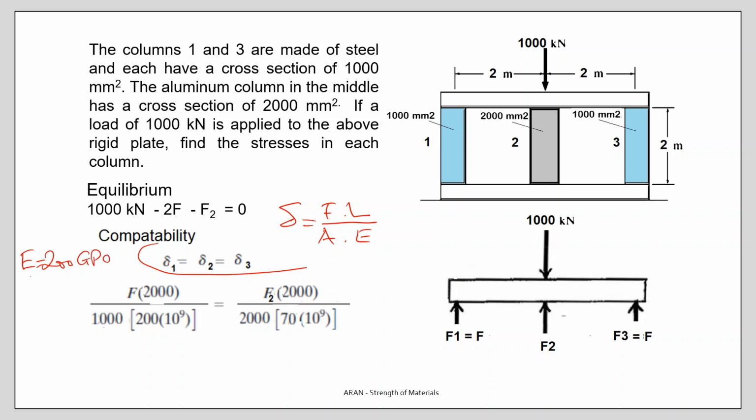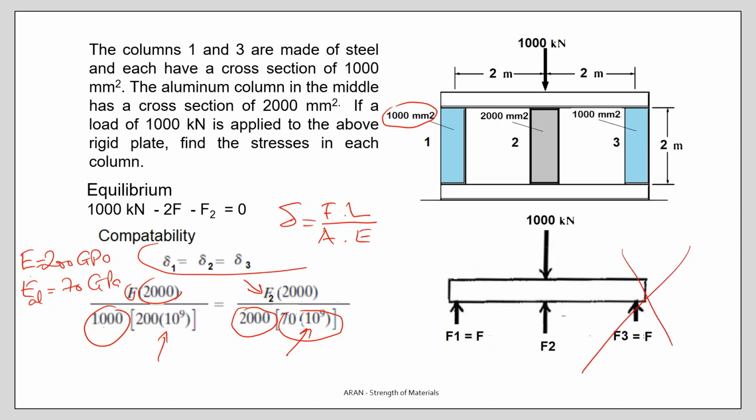For aluminum, it's approximately 70 gigapascals. The force and length are the same, the cross-section changes. Steel has a cross-section of 1000, and that's the elastic modulus of the steel. This is the cross-section of the aluminum column, and that is the modulus of elasticity for aluminum, and that is the force in the middle column. I do not have to write the third one because the first and the third column are identical.